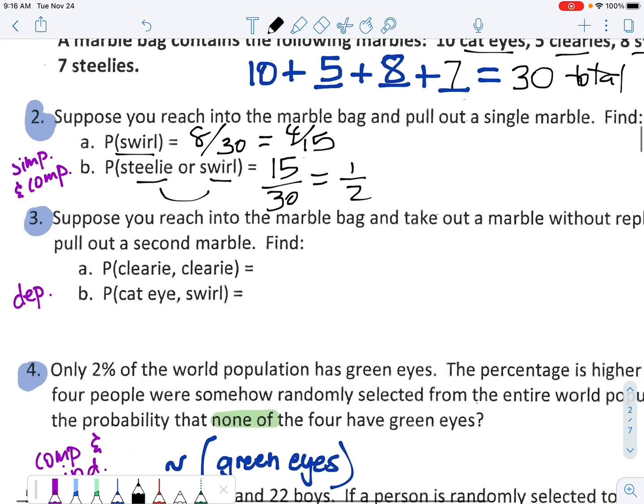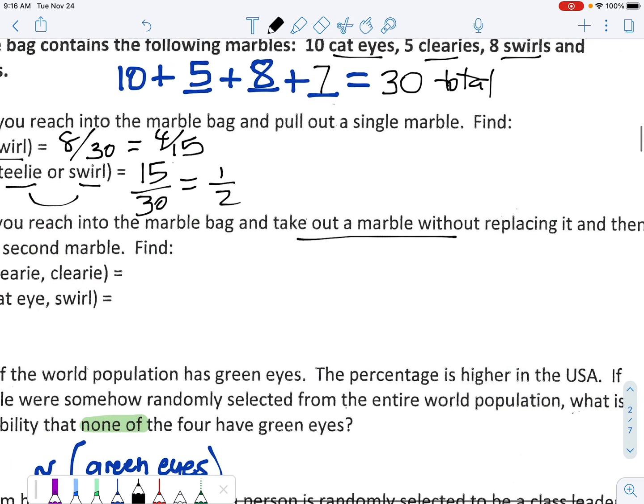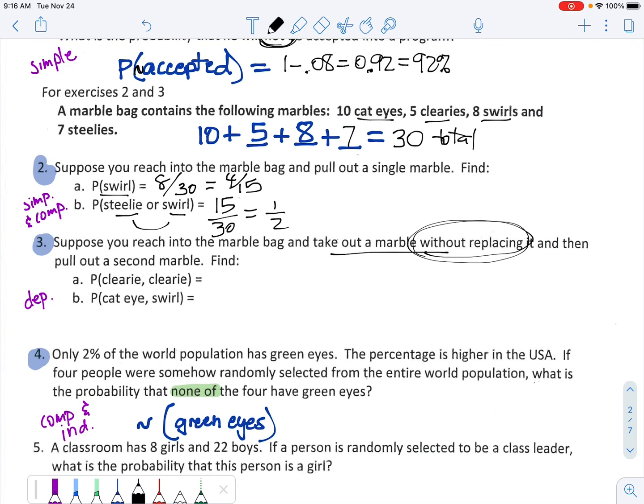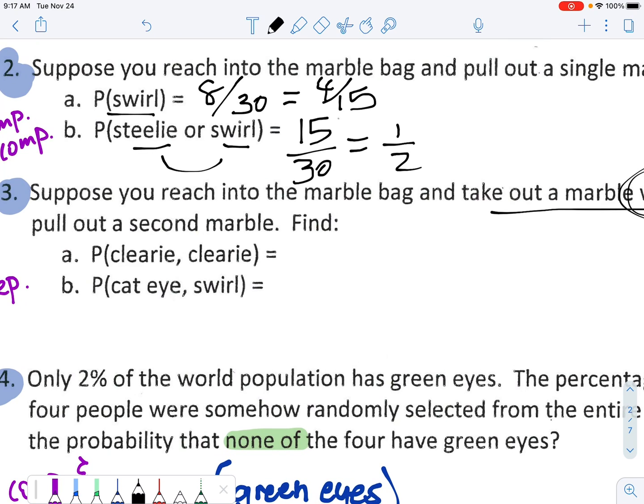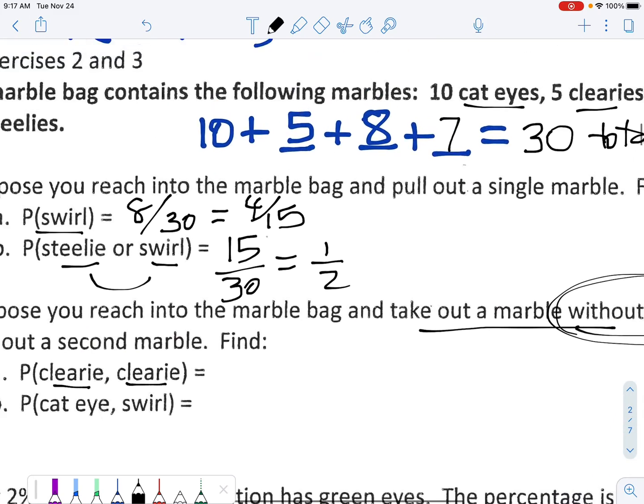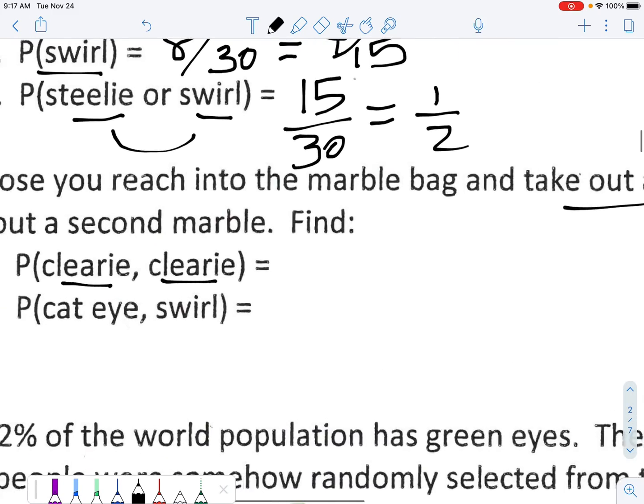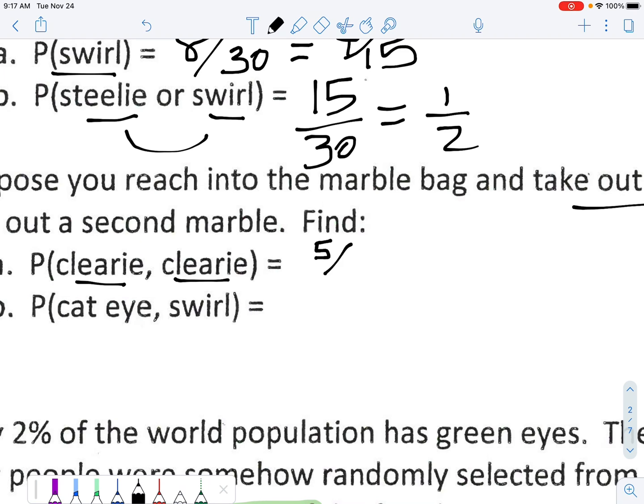All right. Now here, we're taking out 2 marbles, without replacing it. So this is where that dependency is coming in. So the first marble I pull out is going to be a cleary. What is the probability the second one is also a cleary? So the first one is not difficult. Again, there are 5 clearies. So 5 divided by 30 times, and now I look at my second probability. There's 1 less cleary because I've pulled 1 out, and there's 1 less marble.